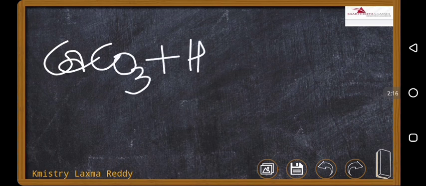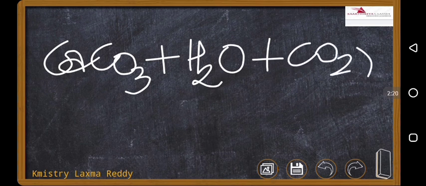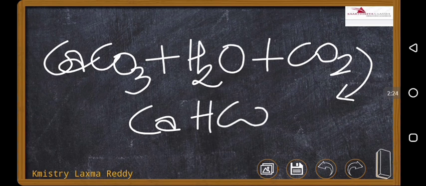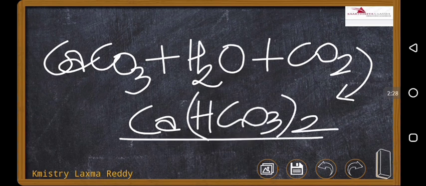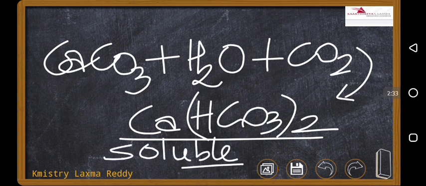If you are passing carbon dioxide for a long time, then there is a possibility of getting calcium bicarbonate, Ca(HCO3)2, which is soluble. This is soluble, so you won't see any precipitate. So little amount of carbon dioxide only is passed, not for a long time. If you are sending for a long time, calcium bicarbonate is formed.